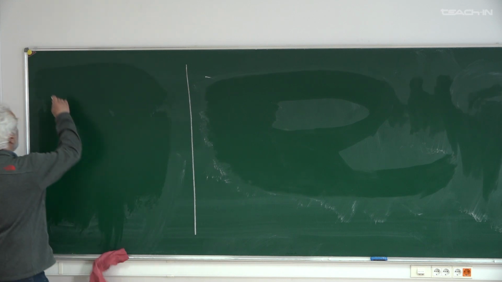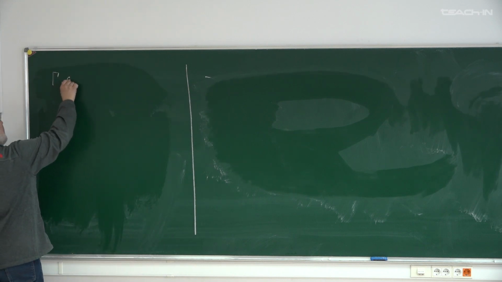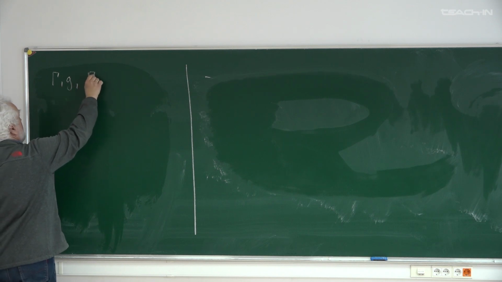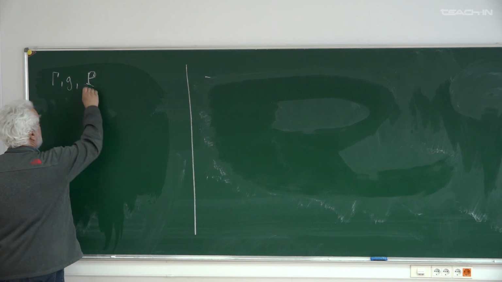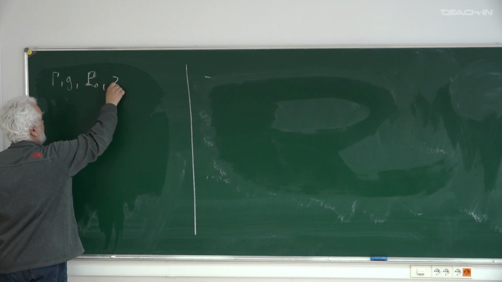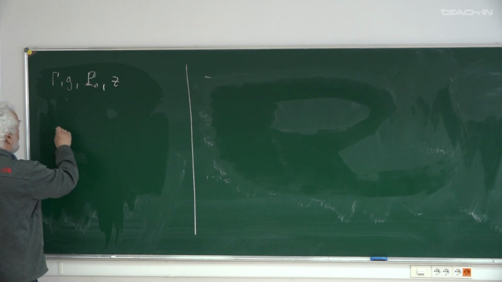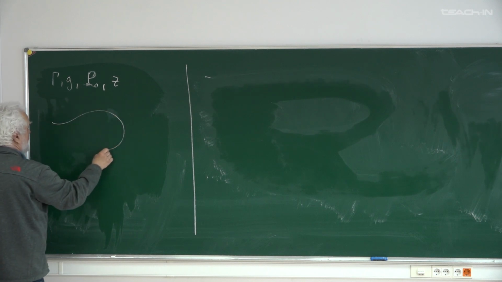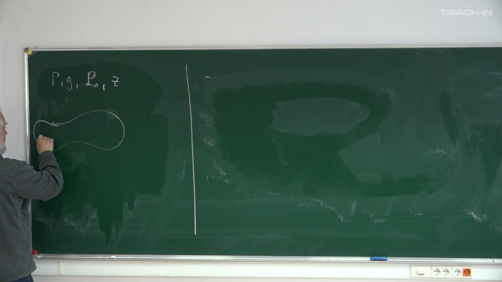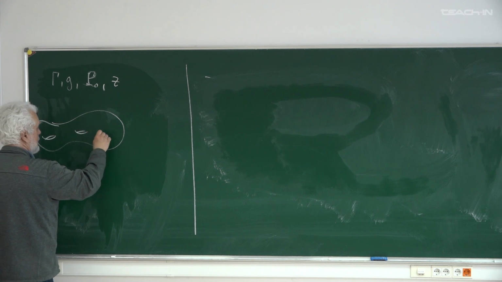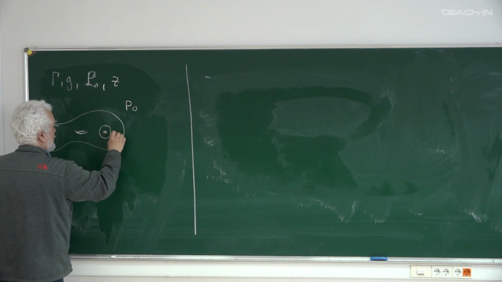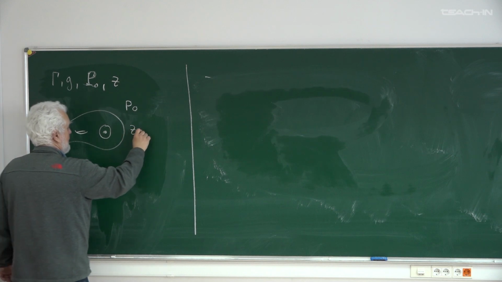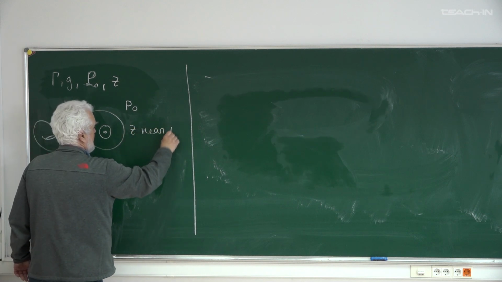Okay, we have the objects gamma, g, P0, z. So we have the following objects. We have a Riemann surface of genus g with a marked point P0, and a local parameter z near P0.